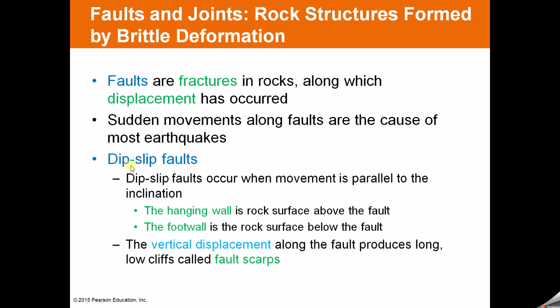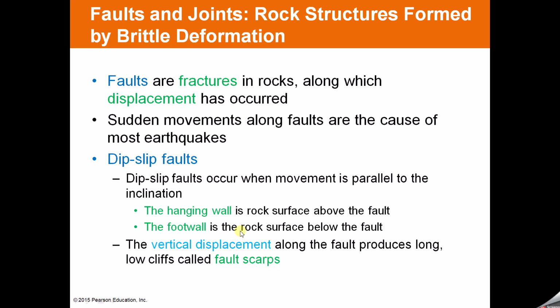We have two types of faults here, dip slip and strike slip. Dip slip means the movement along the dip of the fault. Dip slip faults occur when movement is parallel to the inclination, which is the dip direction. We have the hanging wall and the foot wall. The hanging wall is the rock surface above the fault.